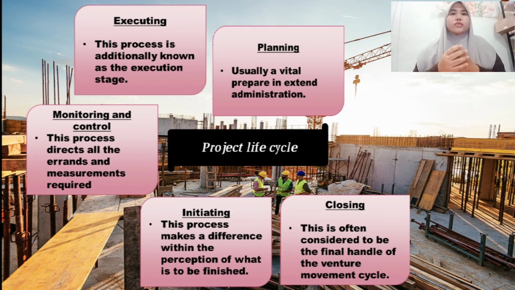Regularly, the longest stage of the venture administration life cycle, where most assets are connected. Amid the extent execution, the execution group use all the plans, method, and layouts that were arranged and expected amid earlier stage.